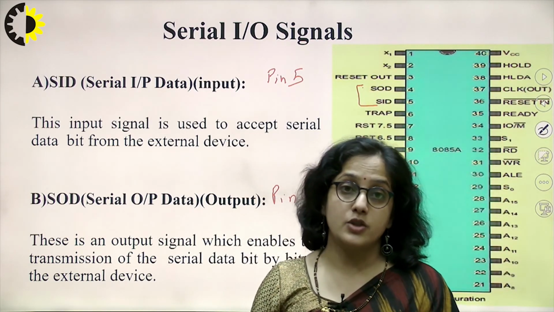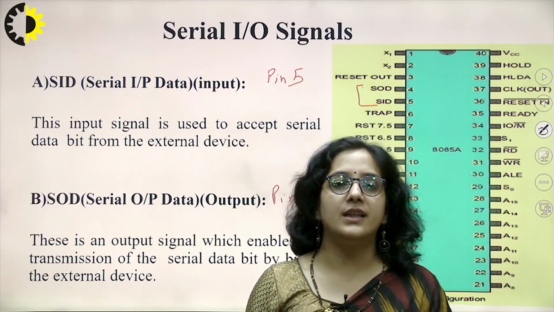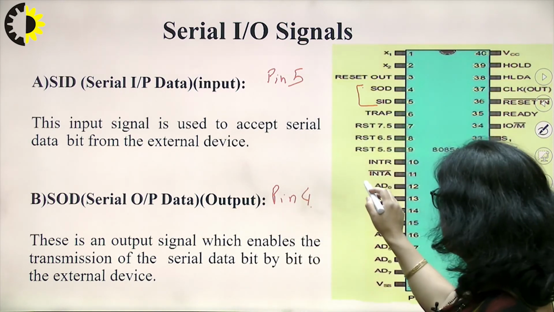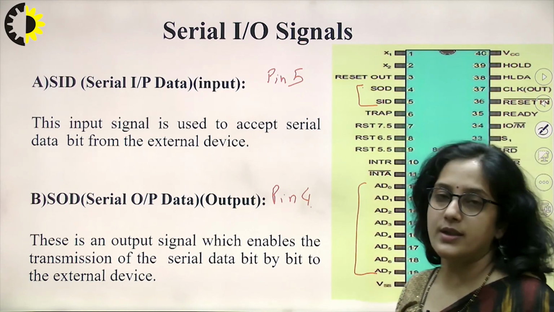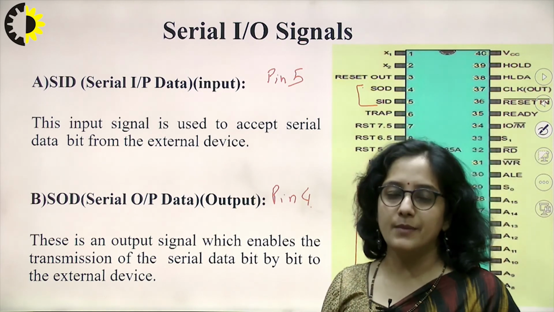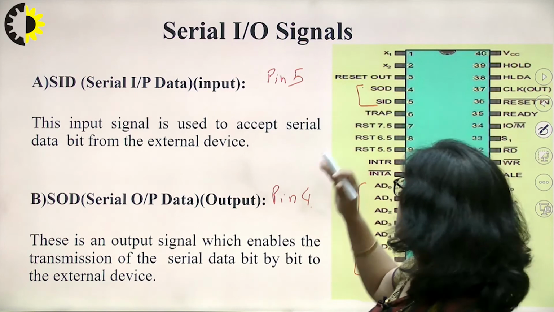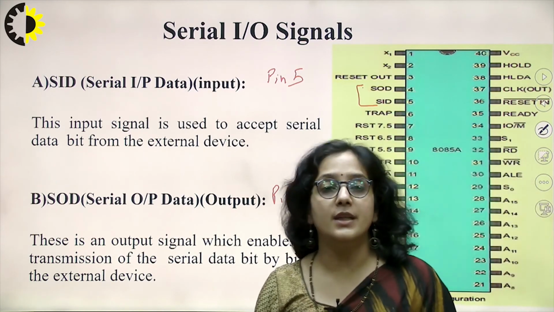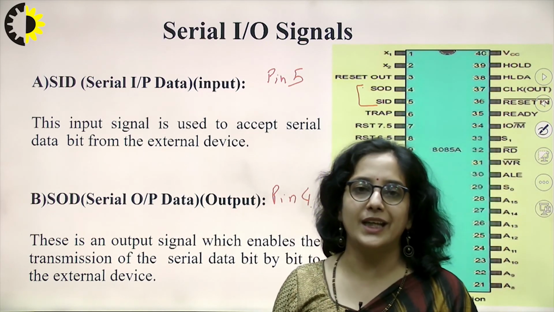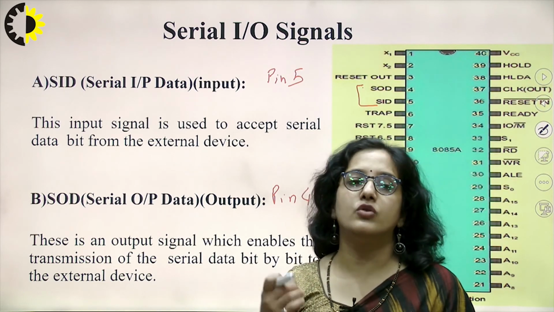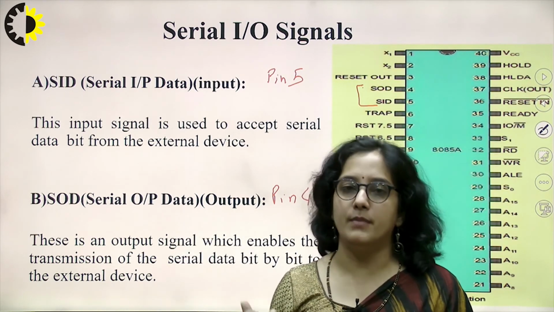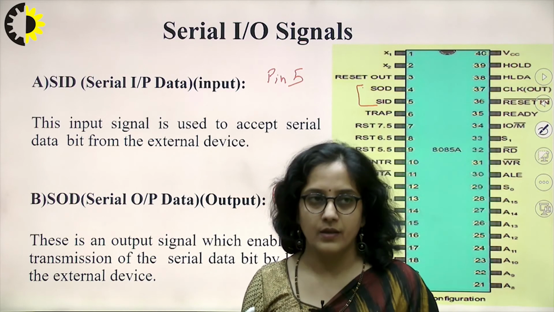If the microprocessor has to communicate in parallel, that is 8-bit data at a time, then it uses pin number 12 to 19. So this is the difference. If serial communication has to take place, the microprocessor uses pin number 4 and pin number 5, and if it has to communicate parallel data, it will use pin number 12 to pin number 19 to transfer the data.